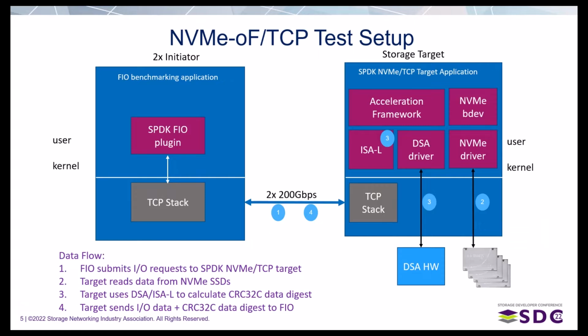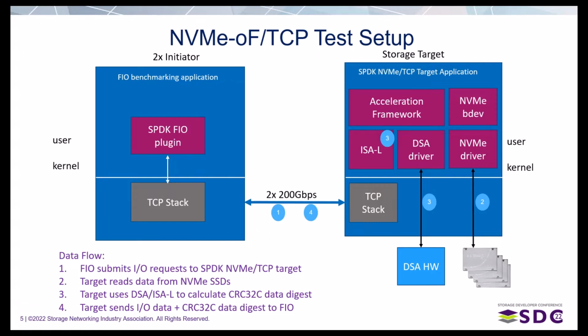As far as the networking goes, the target system connects to two initiator systems over two 200 gigabit per second NICs. These are the Intel E810 NICs, and they're set up in the target system such that we have one 200 gig Intel E810 NIC per socket.